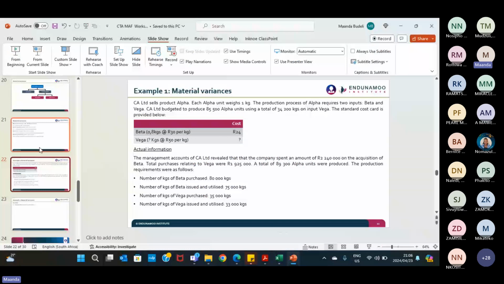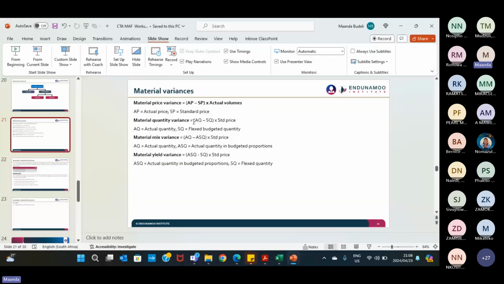All right. So you're talking about this formula you normally use: actual quantity minus standard quantity multiplied by standard price. Okay, so actual quantity we know.